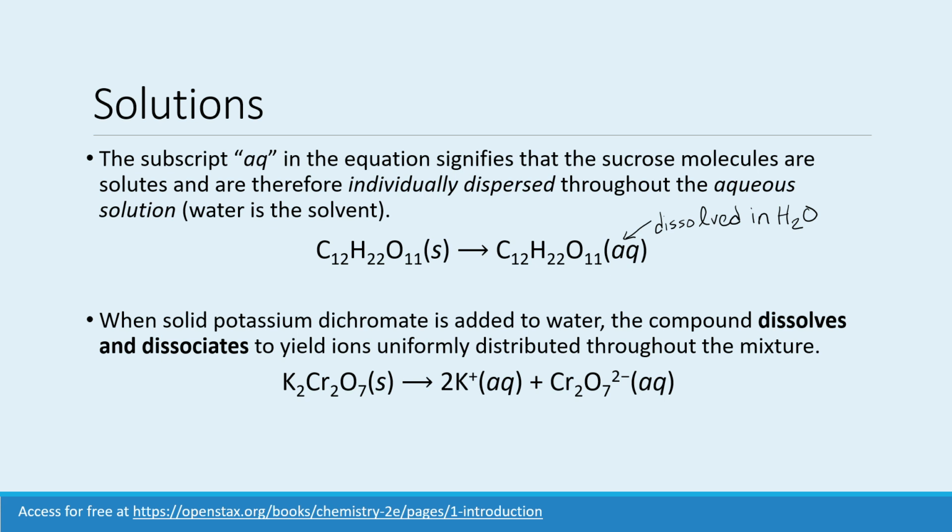Now, potassium dichromate, the second example here, that is an ionic compound. And so when ionic compounds dissolve in water, they also dissociate. And remember, dissociate means to break apart into its separate ions. Right. So when that potassium dichromate dissolves in water, it's going to form separate ions of potassium and dichromate.